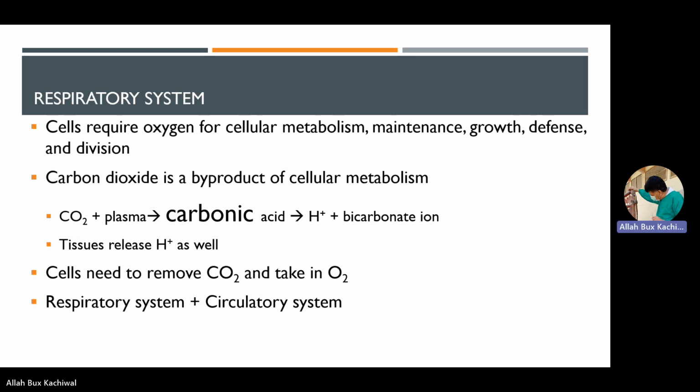The tissue releases hydrogen ions as well, and cells need to remove the carbon dioxide and take in the oxygen. So the respiratory system and the circulatory system work together to deliver oxygen to the cells to produce energy.